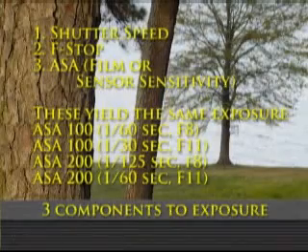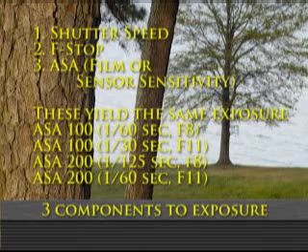So let's take a look at it and see if we can't clear up some questions that people have had about it. There are three components to exposure: shutter speed, f-stop, and ASA, which is the film or the sensor sensitivity.